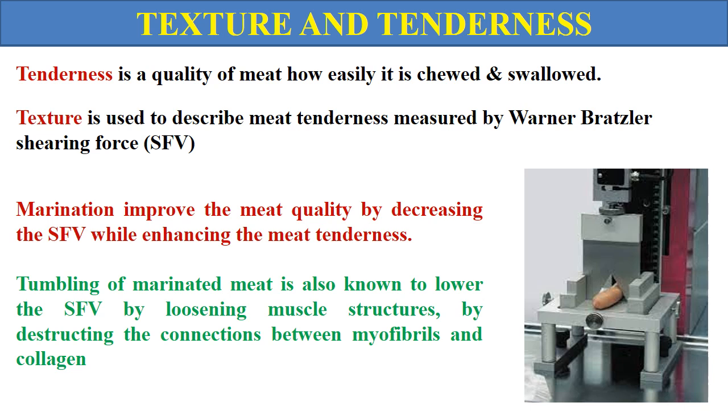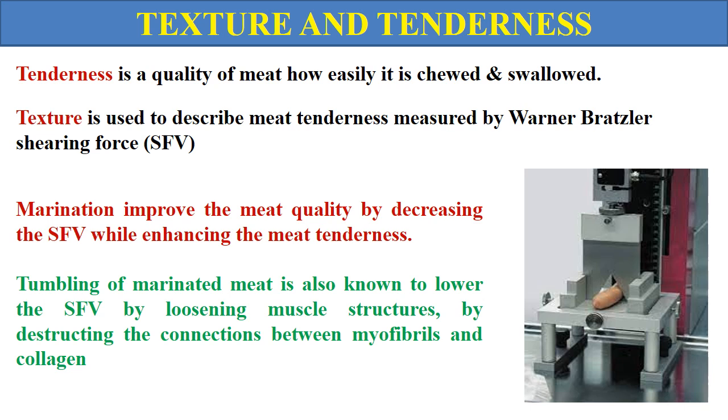Now marination improves the meat quality by decreasing the shear force value and enhancing the meat tenderness. So in general, marination causes softness or tenderness of meat and reduces the shear force value. Tumbling of marinated meat is known to lower the shear force value by loosening the muscle structure, and it can also destroy the connections between myofibrils and collagen.